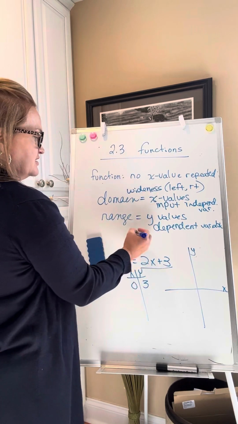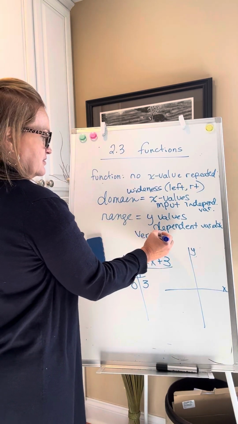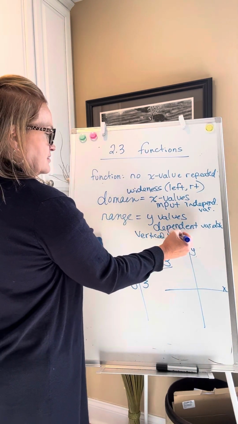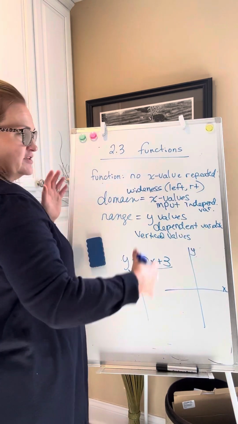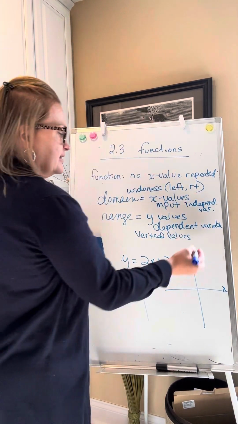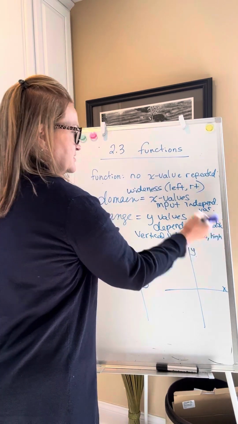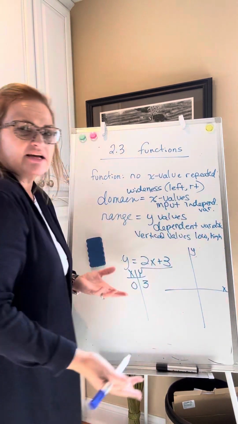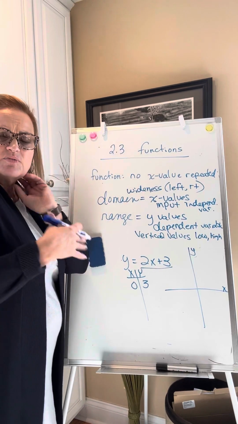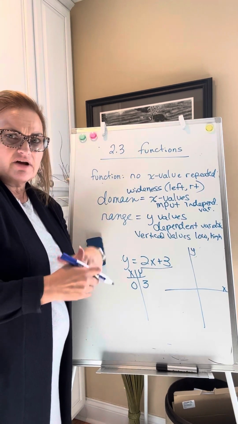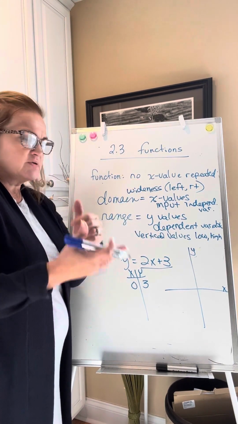So the range is the vertical values, or how low to how high, where the domain is the left to right, the X. Maybe that just makes sense anyway, but we'll be looking at that a lot with every graph. What is the domain of this? What is the range of this?